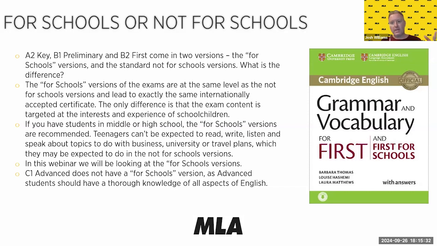Also, I think most students doing Advanced will be at least 16, 17 years old, and I would expect that they might be more interested in the adult versions, let's say. It doesn't mean students can't do the not for schools versions, and it doesn't mean adults can't do the for schools versions. It's just an alternative.